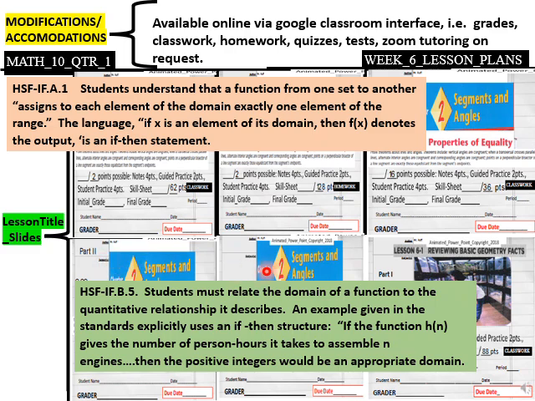Students must relate the domain of a function to the quantitative relationship it describes. An example given in the standards explicitly uses an if-then structure. If the function h of n gives the number of person-hours it takes to assemble n engines, then the positive integers would be an appropriate domain.